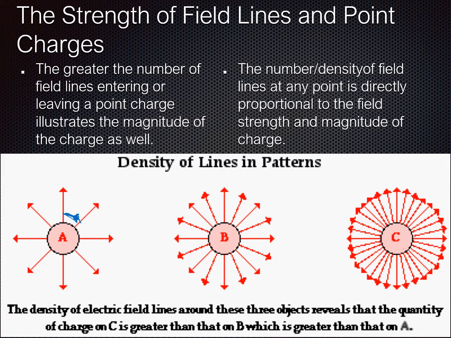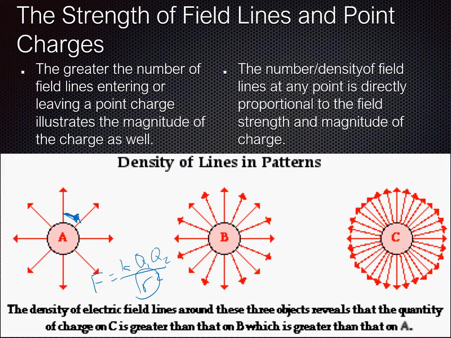Remember the formula is F equals k Q1 Q2 over R squared. So just like with gravity, the closer the objects are to each other, the smaller the R, and since R is on the bottom, that makes the force get really big if R is really small. So if the charge is really close, then it has a really strong field.